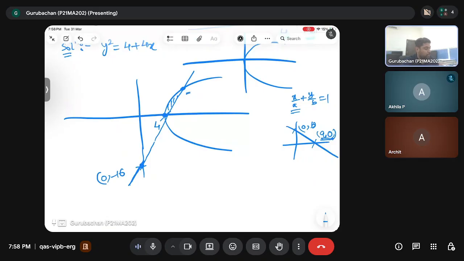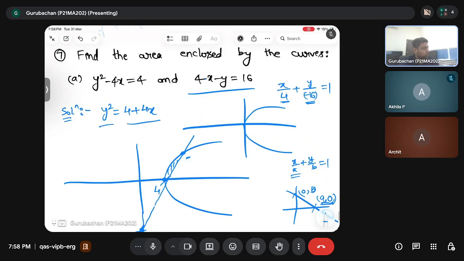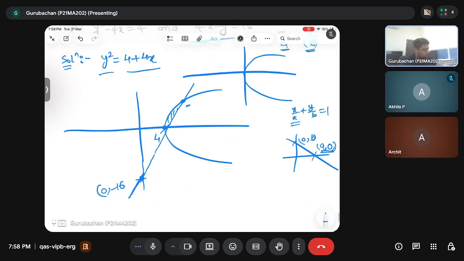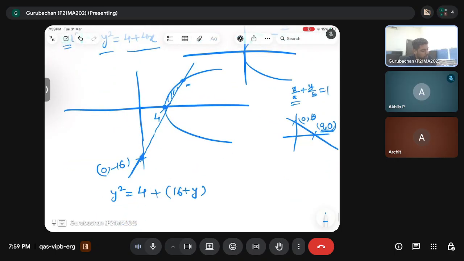So now what is this point that we don't know? For that we need to solve them. So we know that y square equal to 4 plus 4x and 4x is equal to 16 plus y. So from here y square can be written as 4 plus the value of 4x, which is 16 plus y, from the other curve. So intersection points.